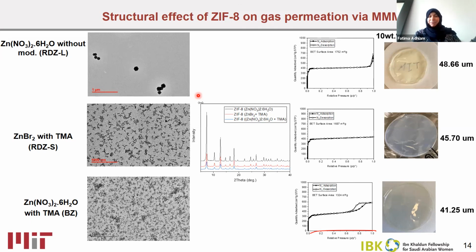The permeability of ZIF-67 is higher than ZIF-8, but the selectivity is lower. I have to investigate more to see the reason behind this behavior. Yeah, very good. It's the next step for another study to come.